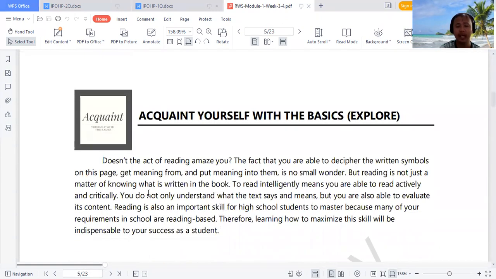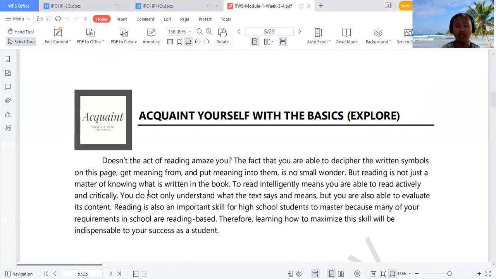What's letter A? That's acquaint yourself with the basics, or that is explore. Doesn't the act of reading amaze you, or amaze us? The fact that we are able to decipher the written symbols on this page, get meaning from them, and put meaning into them is no small wonder. But reading is not just a matter of knowing what is written in the book. To read intelligently means you are able to read actively and critically.